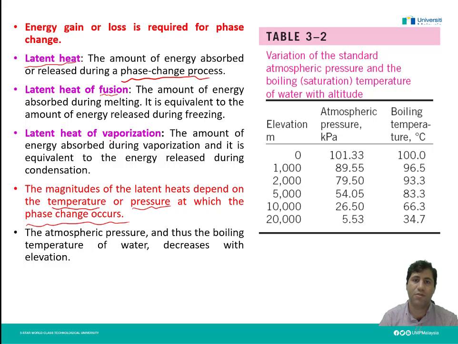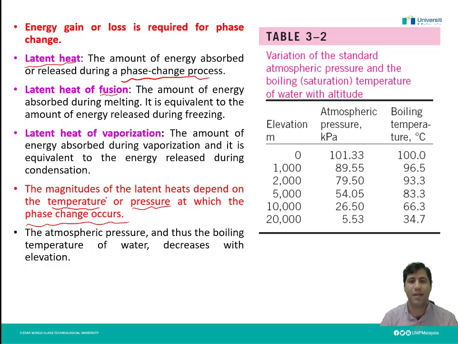So the amount of this energy depends on the pressure or the temperature at which this phase changing process is happening. Why? Because of that example I told you: at higher elevation, or in lower pressure, less energy is required, for example, for vaporization, and vice versa. Higher energy is required for condensation.